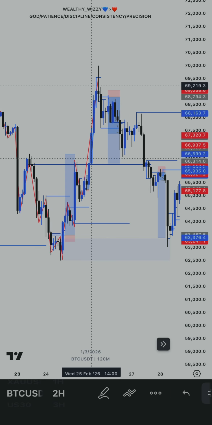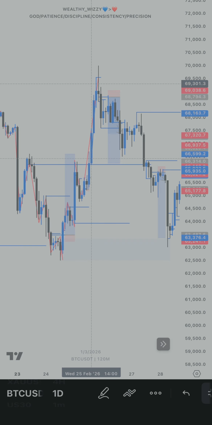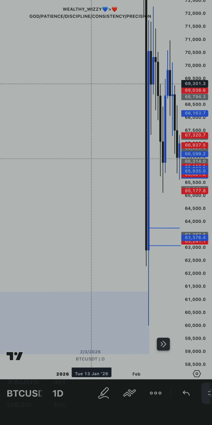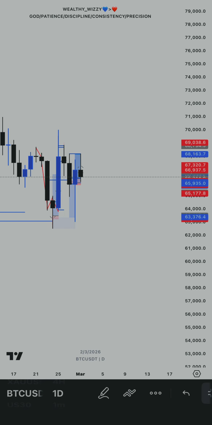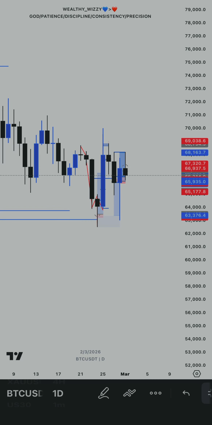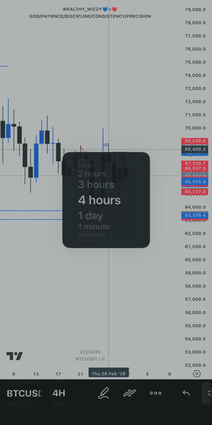And this liquidity sweep is also on the daily time frame. Let me show you all. It's also there on the daily time frame, I guess. You can see where I marked it. Let's go to 4 hour.